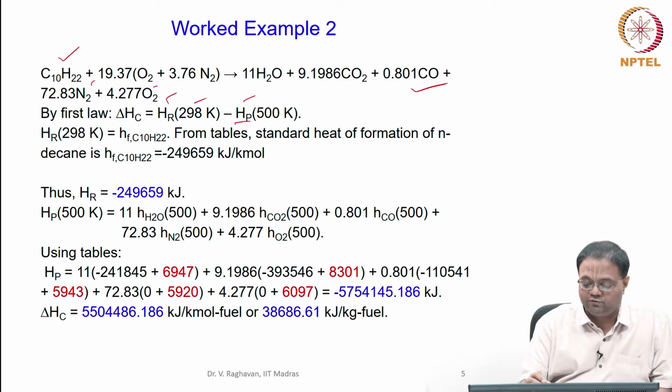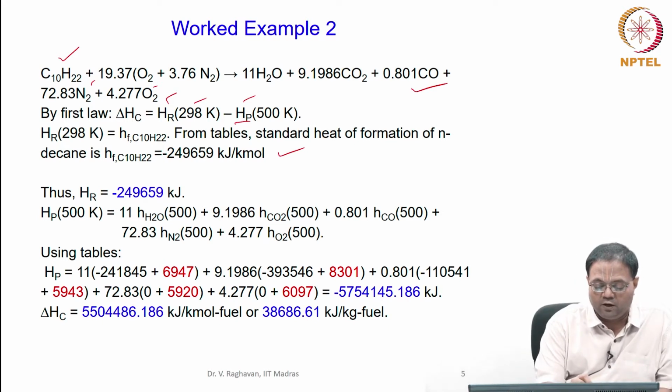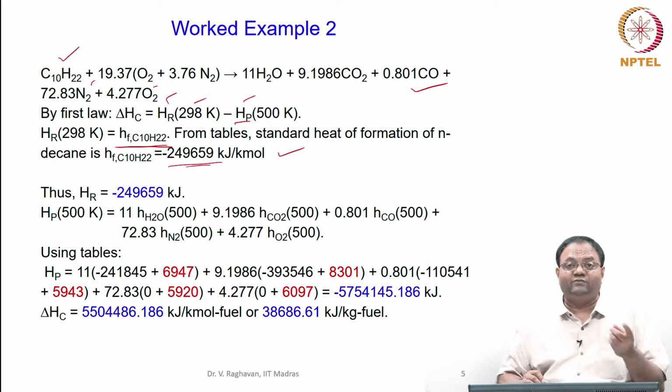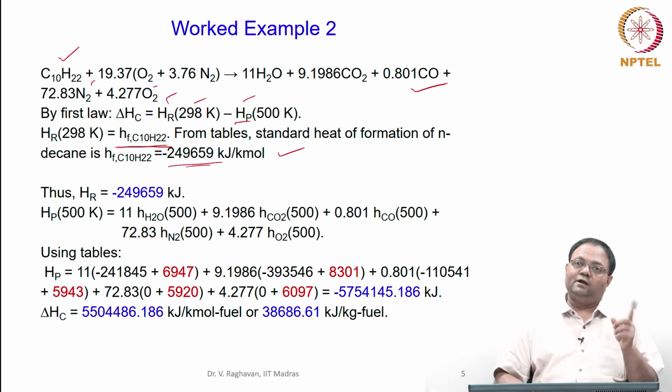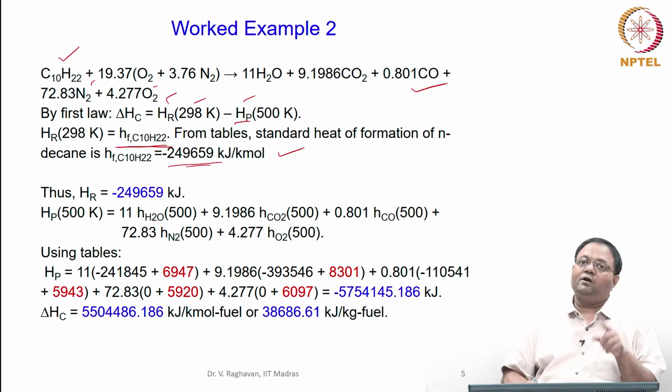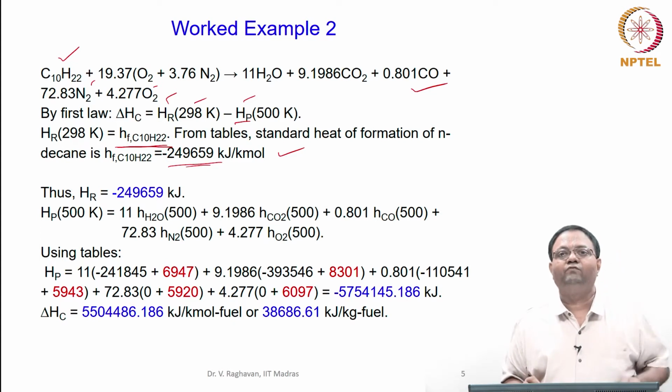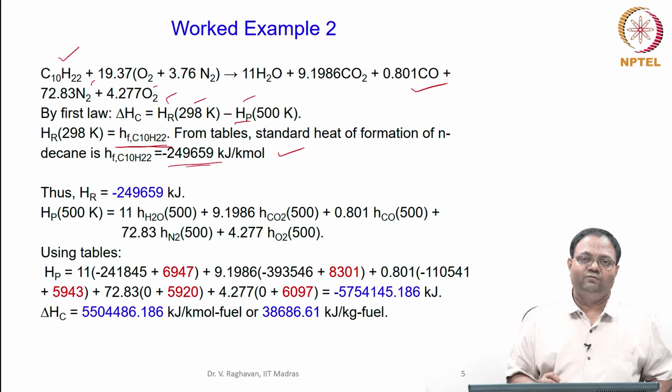So now from tables, Stephen Turns' tables or any other, like the NIST website, you can take the HF, heat of formation of decane. For gaseous decane, you have to choose the enthalpy of formation for liquid or gaseous based upon the problem you are solving. In this case, we have clearly given that we are dealing with gaseous decane.